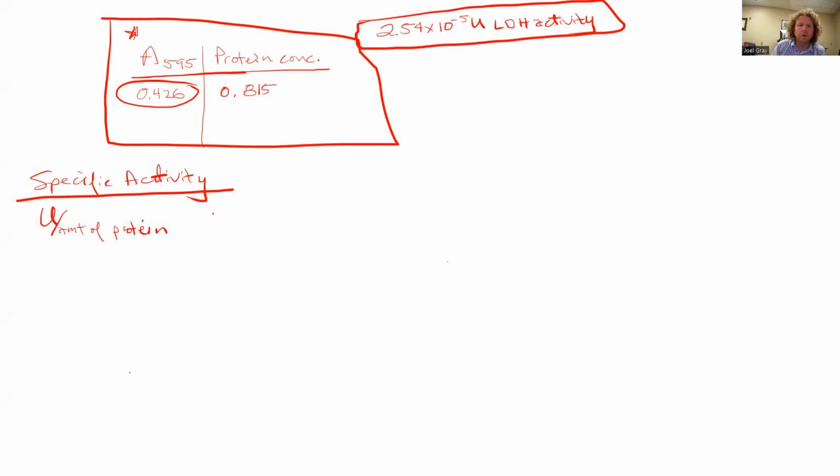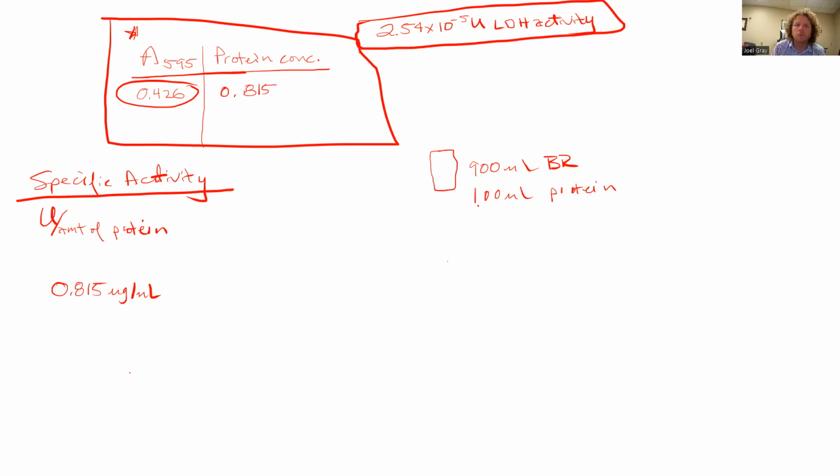So we have a protein sample that has a concentration of 0.815 micrograms per microliter. Now, we know that whenever we added our protein sample to our cuvette, it was 900 microliters of Bradford reagent and 100 microliters of protein.